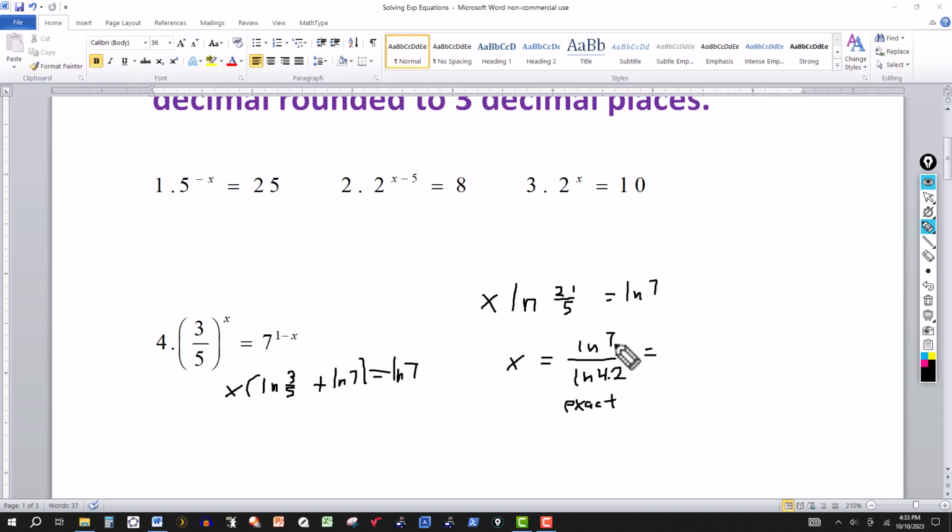And then to get the approximation, or round it to 3 places here, I go ahead and use a calculator. ln of 7 divided by ln of 4.2, and to 3 places, this will give me 1.356.